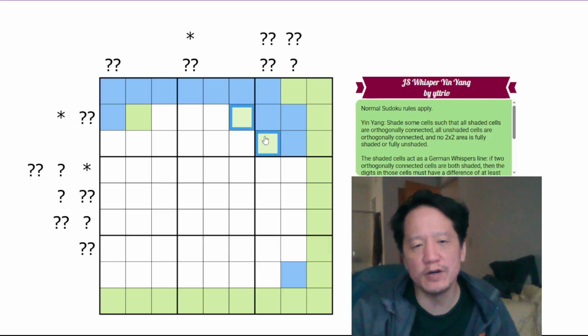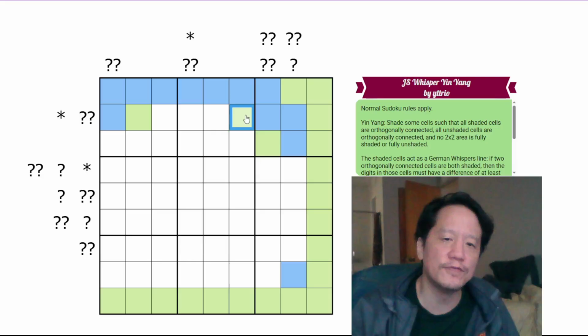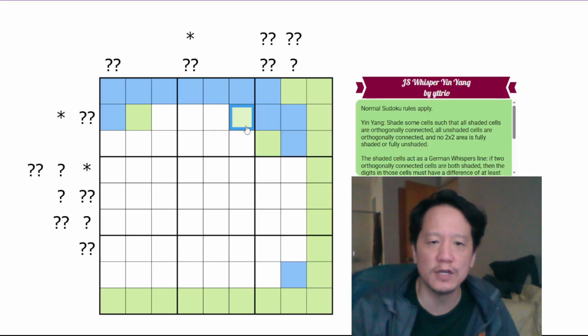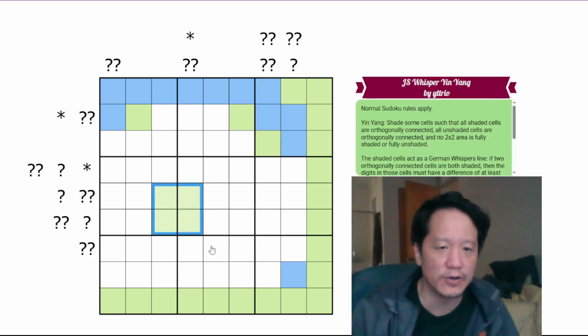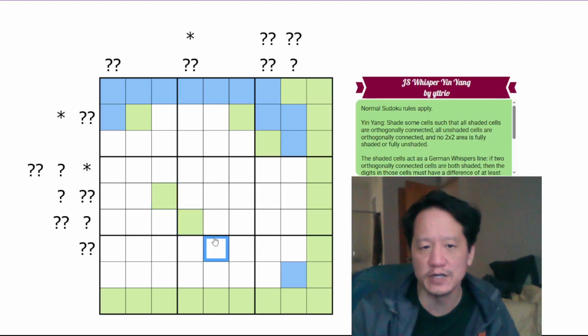One thing also about yin-yang shading is if you have a diagonal which is the same shading, you cannot have a diagonal of the other shading being that way. So this cannot be blue and blue. It has to be one of the same shading and then one of a different shading. And the way you know that is, say this was 2 shaded. If we have both of them being the same shading, it's a 2x2 area that is all the same shading, which is not allowed.